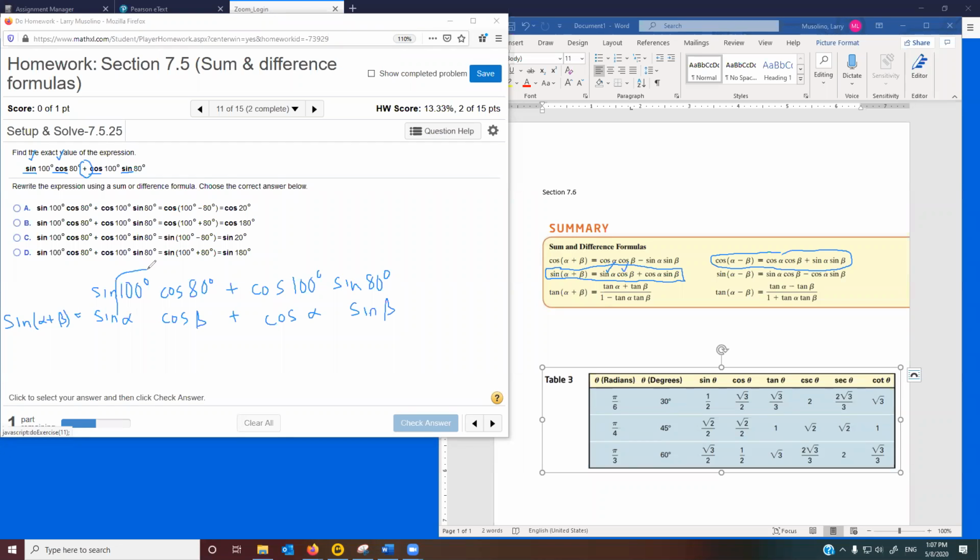Well, I can see in my example, alpha matches up to 100 degrees and beta matches up to 80 degrees. So what I'm going to end up with then is sine of 100 plus 80, which of course is sine of 180 degrees. So when I compare answers here, it looks like the last choice is the correct answer for this one.